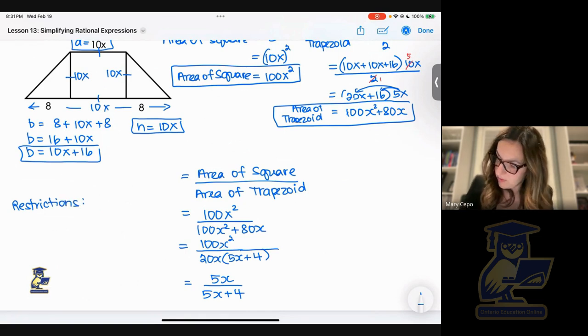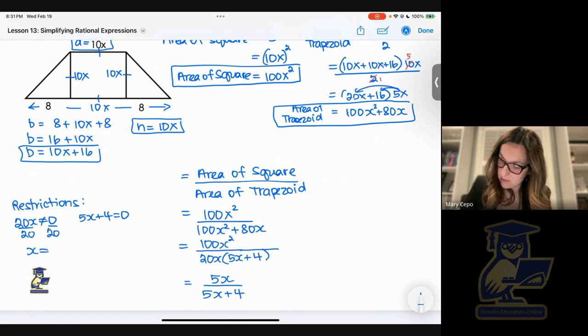So in our case, before we factored, we had 20x cannot equal 0, as well as 5x plus 4 cannot equal 0. Dividing that by 20, x cannot equal 0. In this case, 5x is equal to negative 4. Divide both by 5. x cannot equal negative 4 over 5.